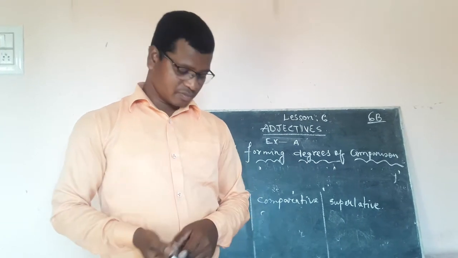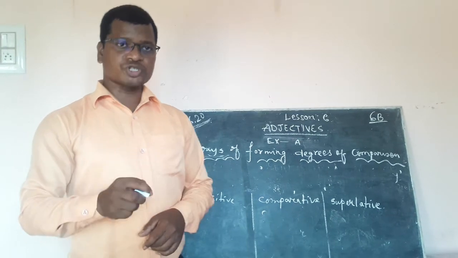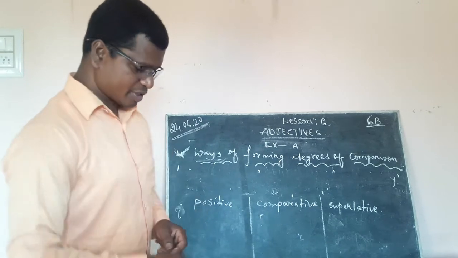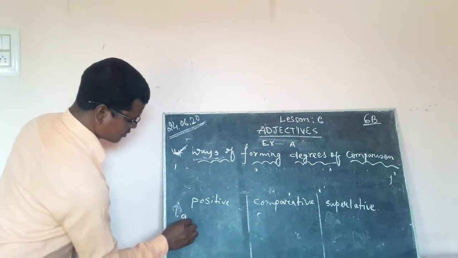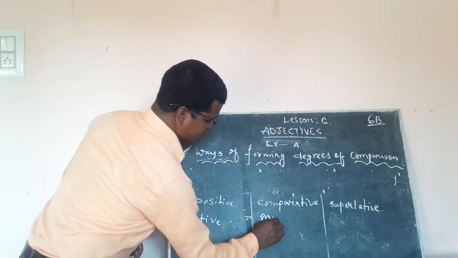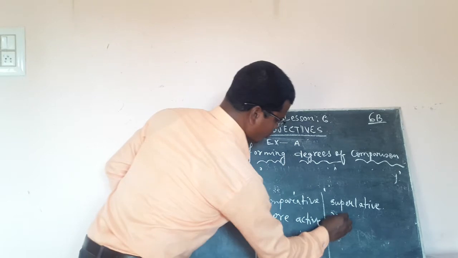By adding more or less and most or least before the positive form. Let's see, for example, active. Here we will write what? More active, and here most active.